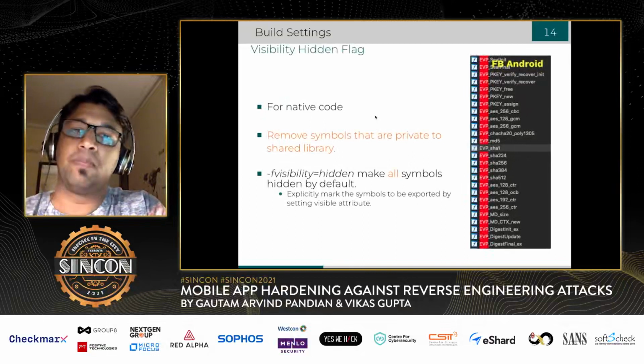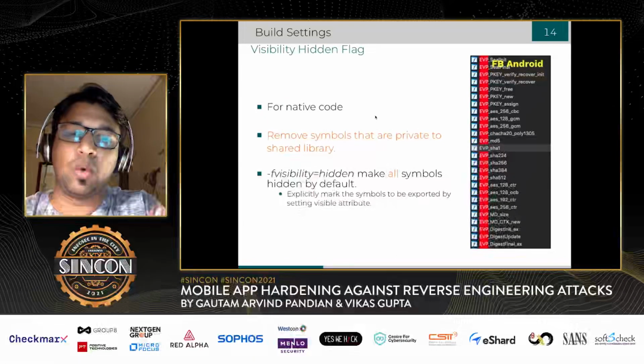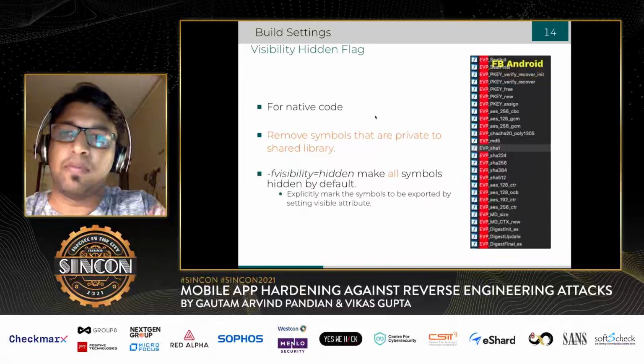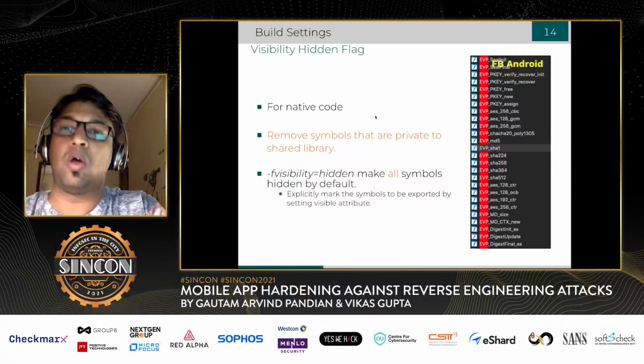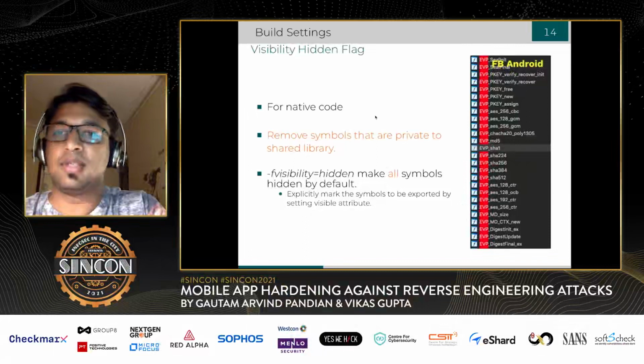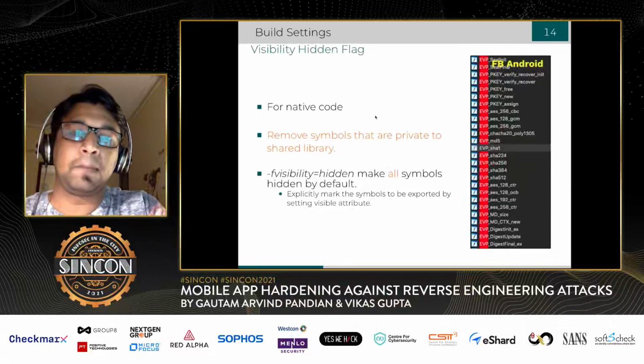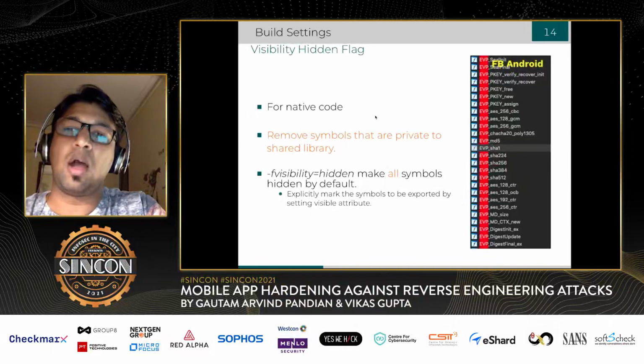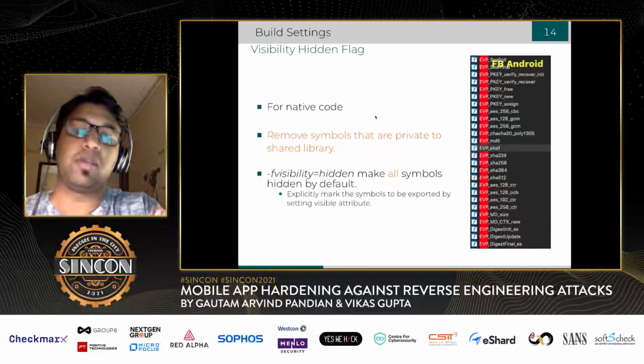Visibility hidden flags. As I mentioned with stripping, you don't want to have symbols or information which is not needed for execution. When you are building a shared object or a binary, especially on the native side, which is C++ code, a lot of the symbols which are private to the shared library are exported as well, or are present as well.